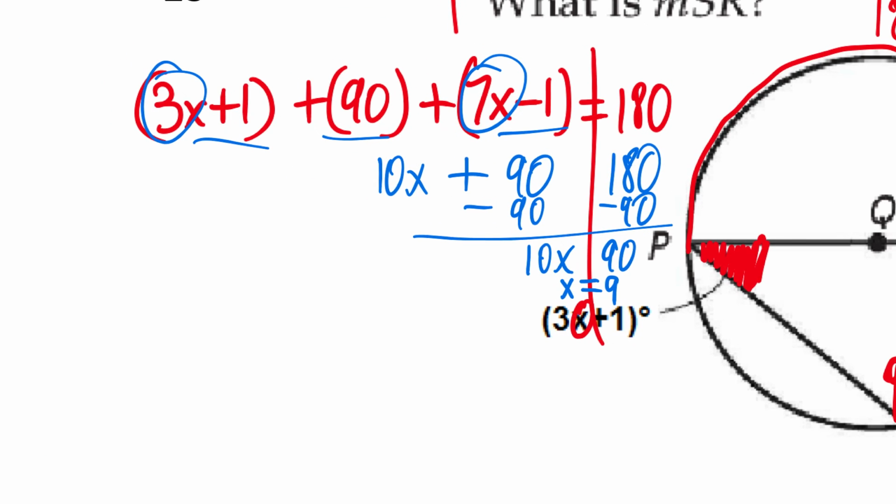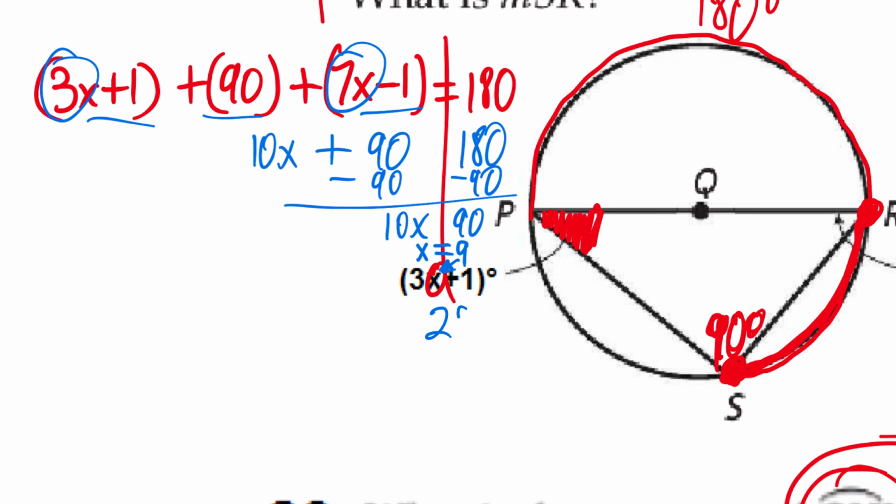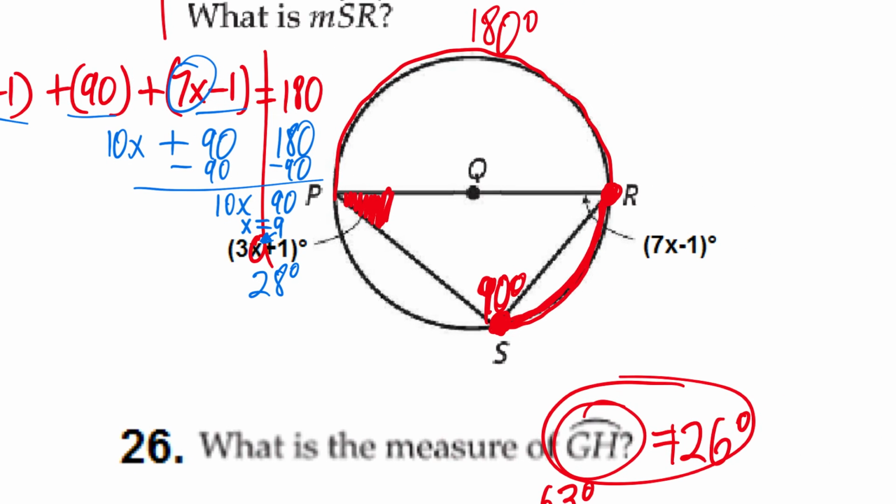Now I'm going to take that 9 and plug it in actually right there into this x. So 3 times 9 plus 1 is what? 27 and 1, 28. So angle P right here is 28 degrees. So to find the arc I'm looking for, I've got to take this number times 2.